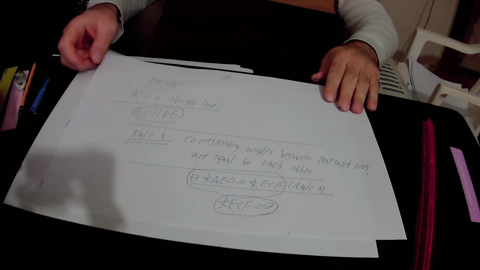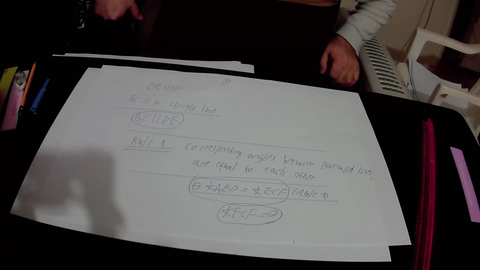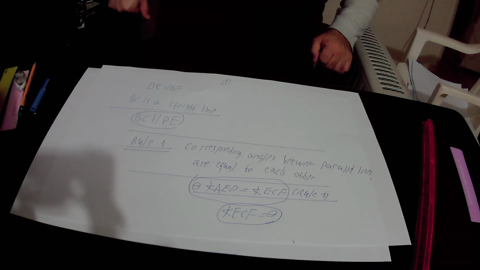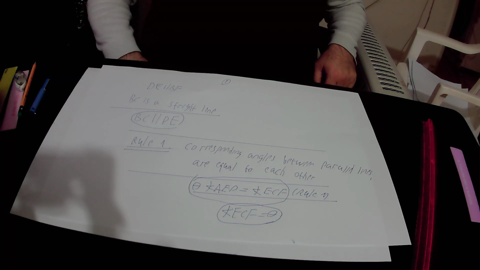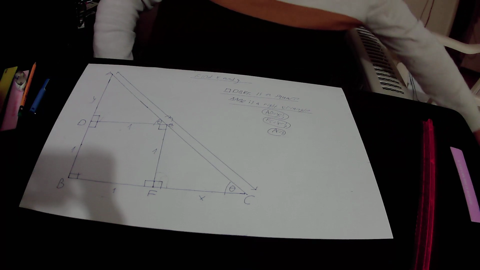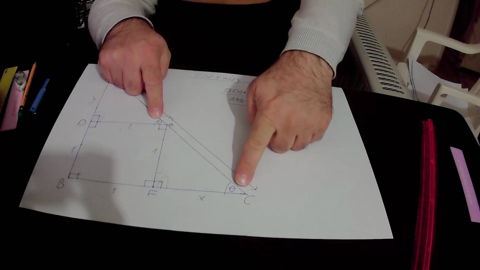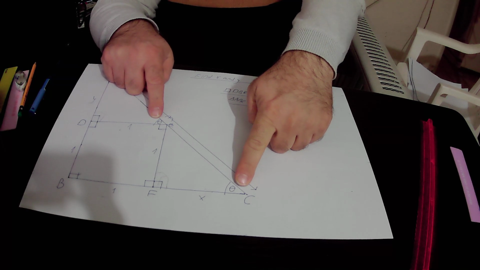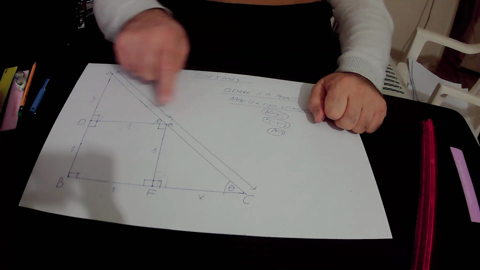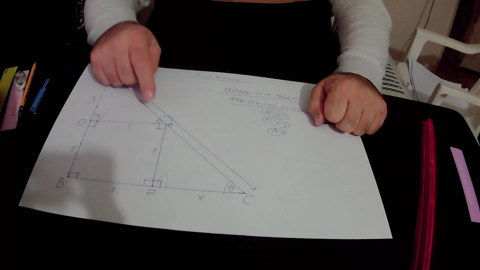Then I presented to you rule number 1. According to rule number 1, corresponding angles between parallel lines are equal to each other. So those two angles are defined as corresponding angles, and they are located between the parallel lines DE and BC. We've already proved that DE is parallel to BC.